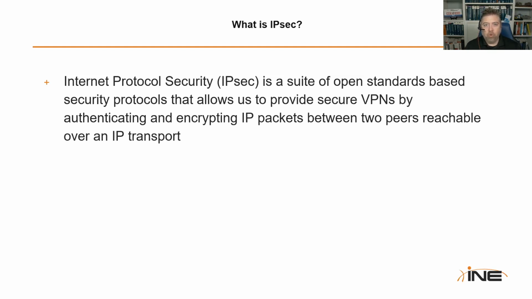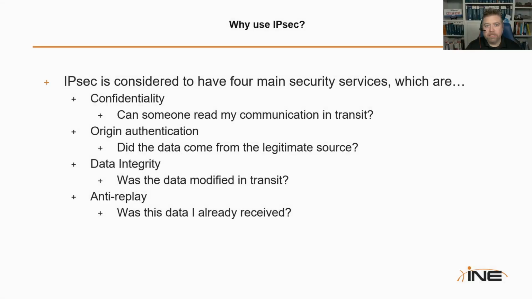Okay, the other thing that's important is that it's open standards based. So multiple vendors implement IPsec, and their implementations should be compatible with each other, that we have inter-vendor interoperability, because it is part of an open standard suite of RFCs that defines how IPsec is supposed to work.